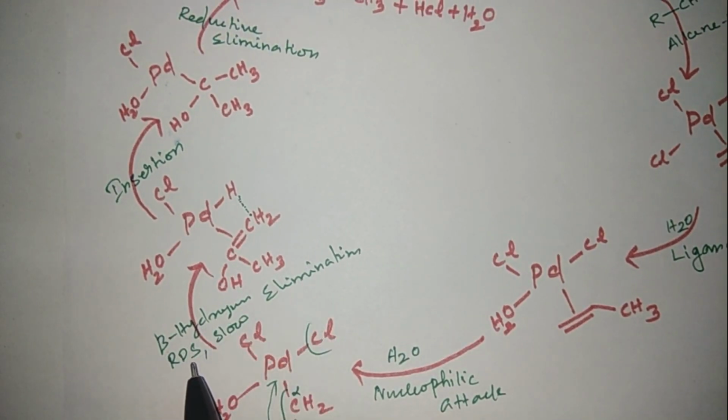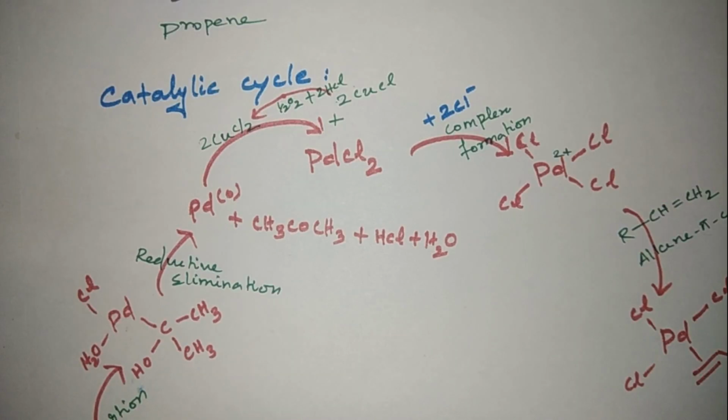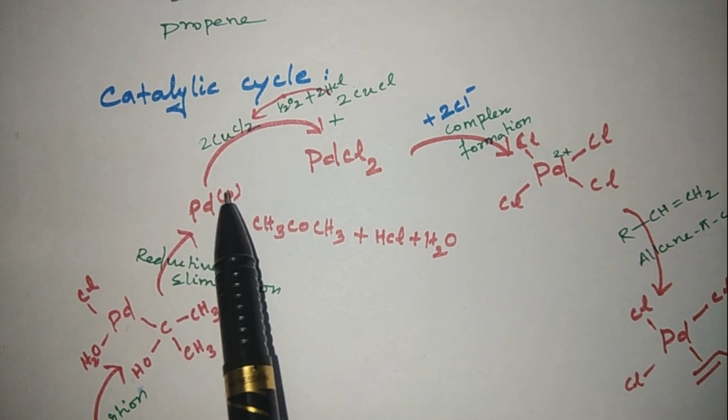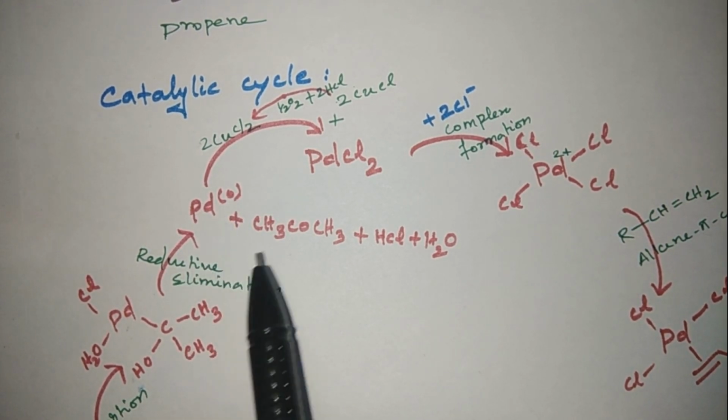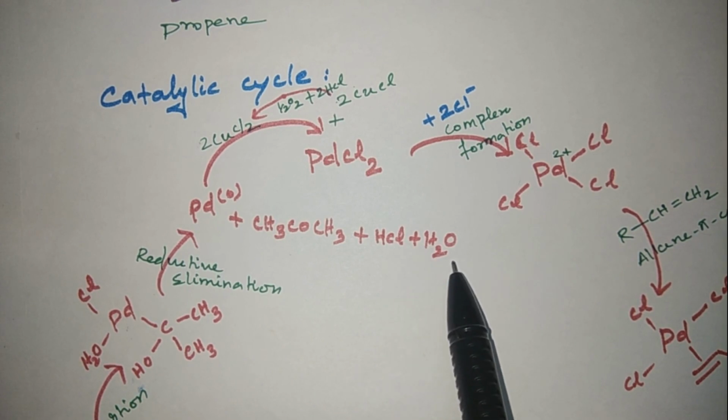This step is the rate determining step. This step is also the slow step. In this complex, insertion takes place. This hydrogen is inserted into this. After the insertion reaction, reductive elimination takes place. We get palladium 0 oxidation state and acetone and hydrochloric acid and water molecule.